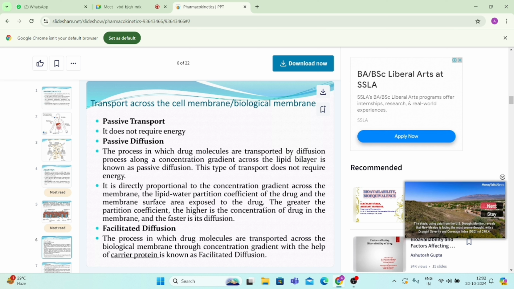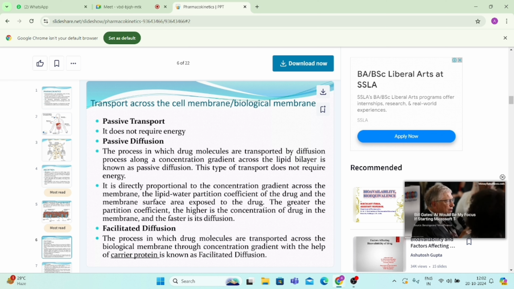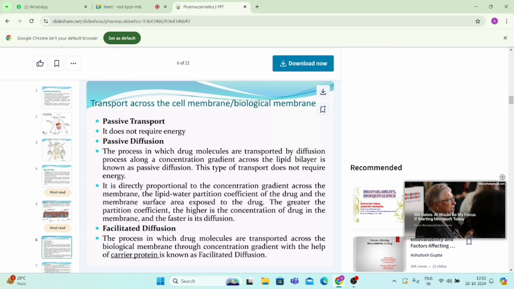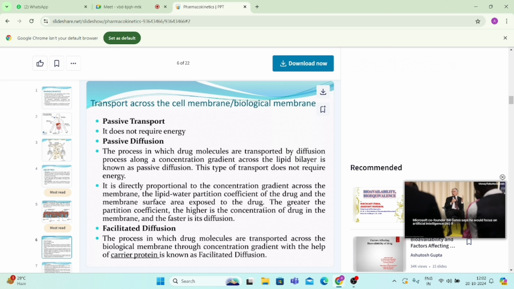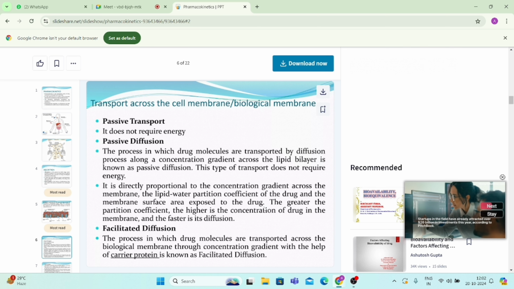Membrane surface area in the sense the plasma membrane, the outer surface will be exposed to the drug so that it will come and bind to that. If the concentration of the drug is higher, the diffusion will be faster. Why? Because if there is higher concentration on one side, automatically on the other side there will be lower concentration, where the drug has to pass from higher concentration to lower concentration.